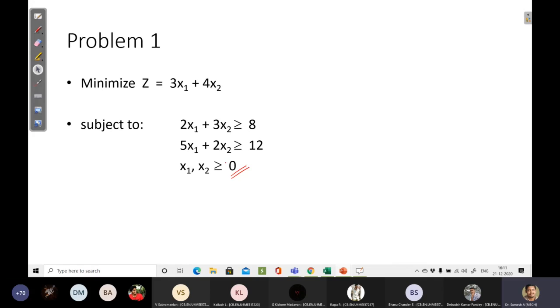A minimization problem, if it is a greater than symbol, you can add plus S1 plus S2, and this objective function will be modified as maximization z equals minus 3x1 minus 4x2.